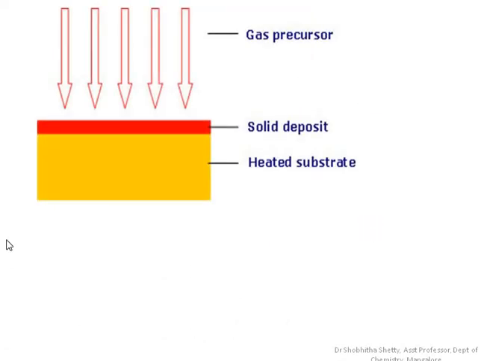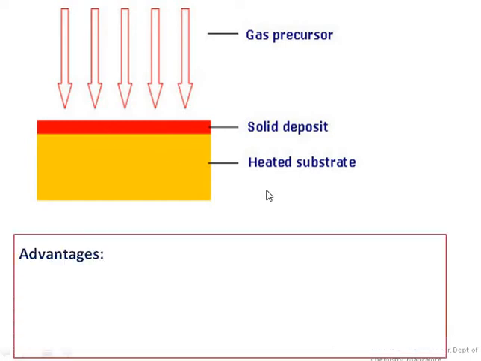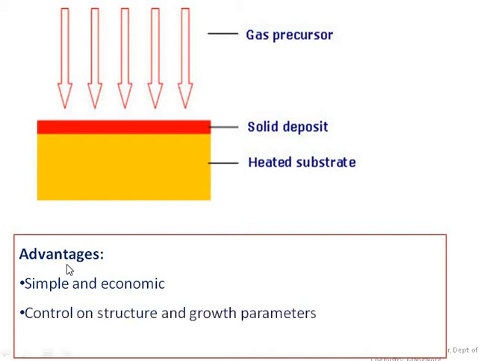So a very simple principle here. The gas precursor is made to deposit on a solid surface, an absorption phenomenon, and here you can see the substrate can be heated or activated by thermal energy or plasma source. As for its advantages, mainly this process is very simple, and once the setup is done, it can be carried out again for various nanoparticle syntheses, and it is economic also.